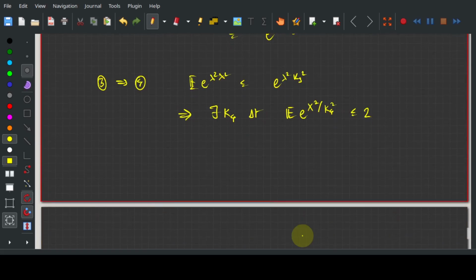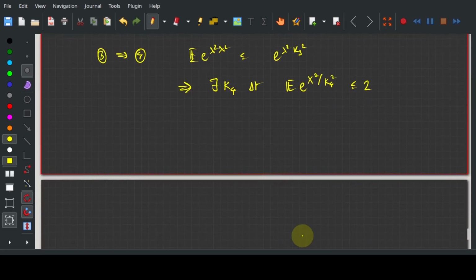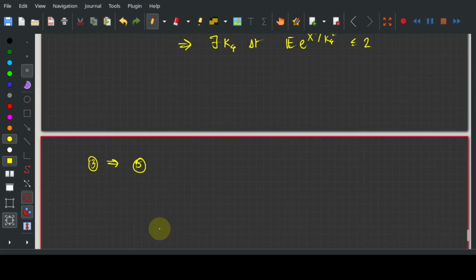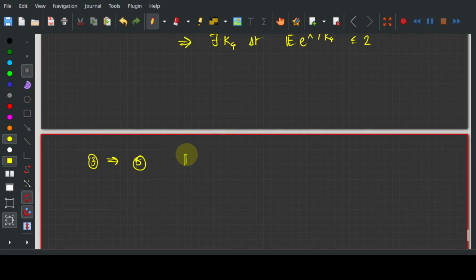Now for the next step, I'll try to prove that the third statement implies the fifth statement. Right, so I have a bound on expectation e to the lambda square x square.